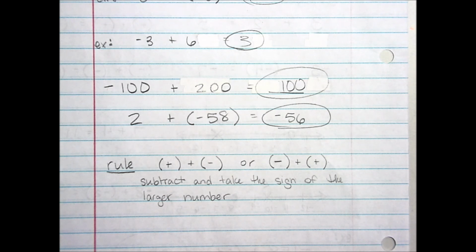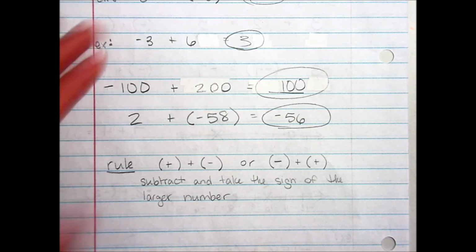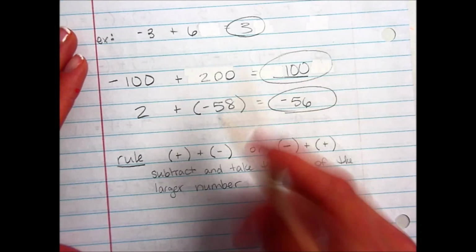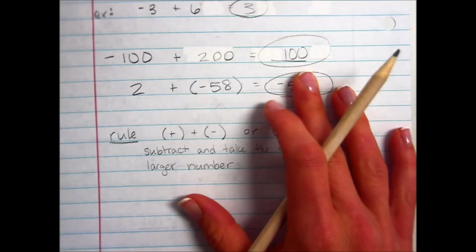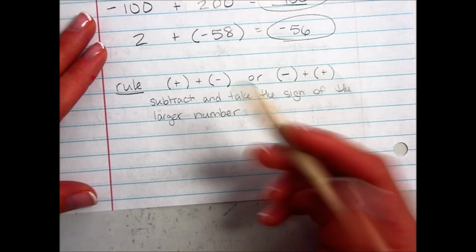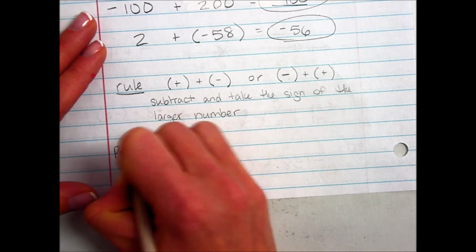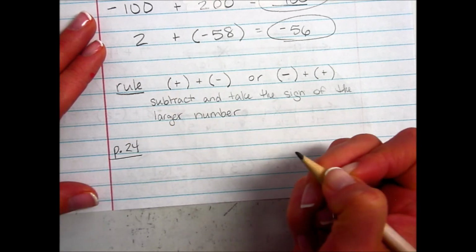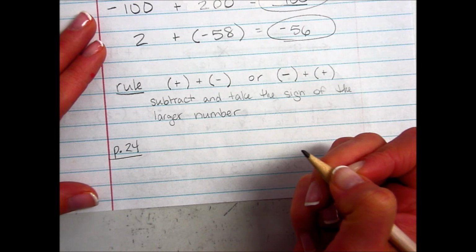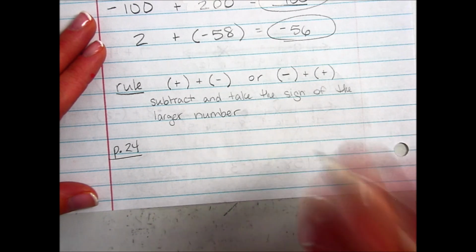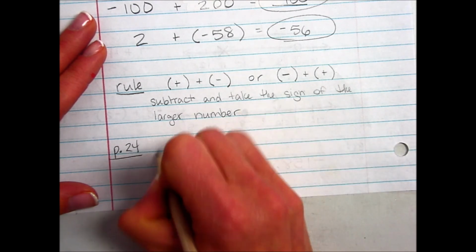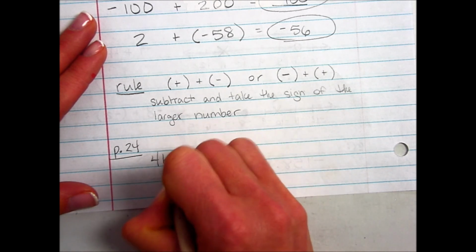Okay, one other thing I want to remind you of that you'll see on your independent practice is using some other rational numbers with positives and negatives. So, like on page 24, number 4B.